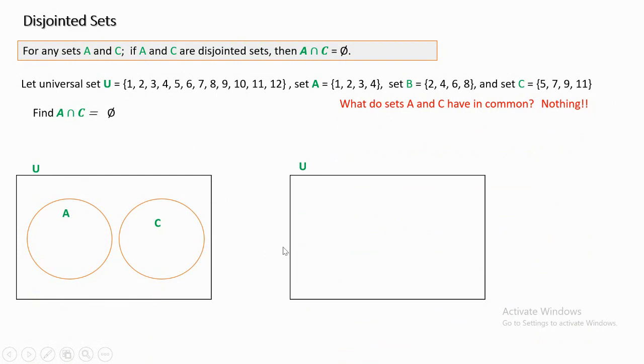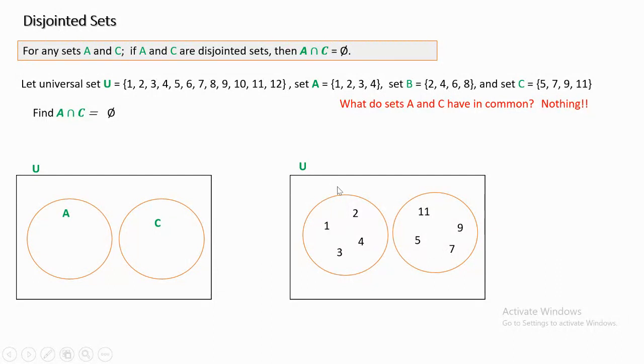That's the universal set. Now let's do the Venn diagram describing the problem that we just did here, right? This is with a set. Now here with the actual elements. So set A contains 1, 2, 3, 4, right? And set C contains 5, 7, 9, 11.